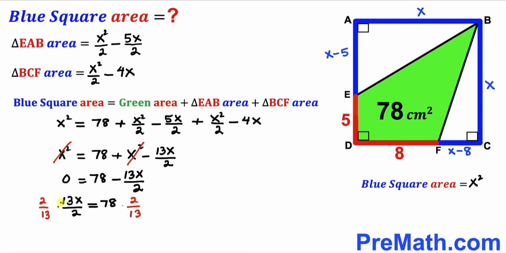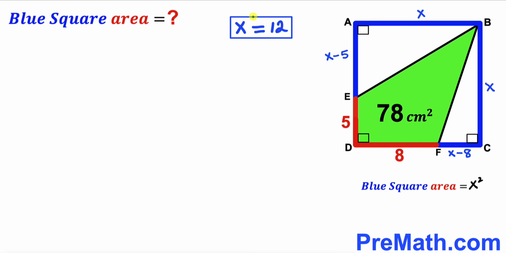Here we can see 13 and 13 are gone, 2 and 2 are gone as well. So our x value is going to be equal to, if we multiply these numbers, simply 12. Thus our x value turns out to be equal to 12 centimeter.